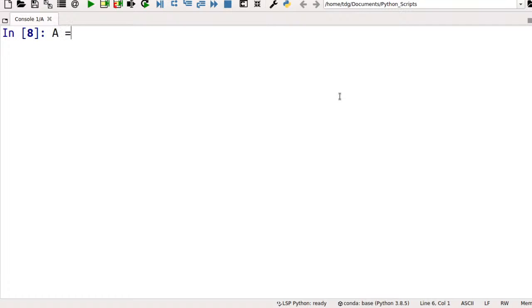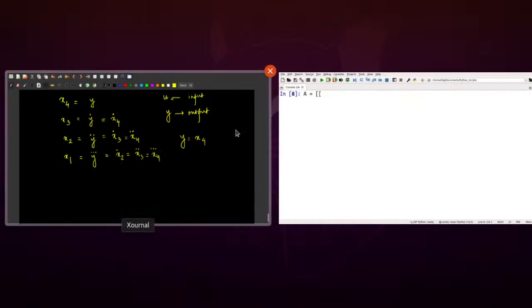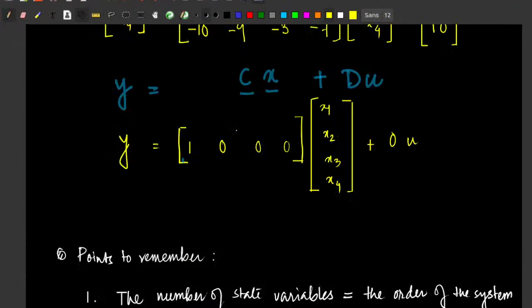So let me just write down the variables that we actually got. So matrix A, what is the matrix A I got?